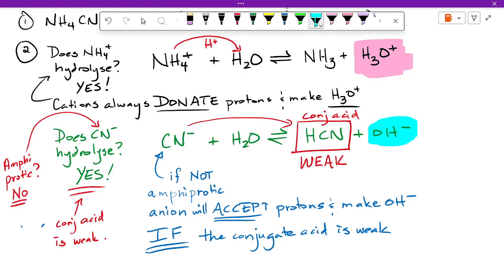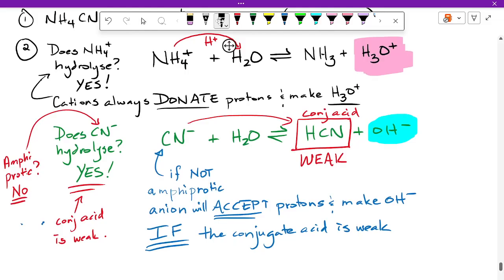You're going to have to compare the Ka and the Kb and decide which one happens more. Okay? So one of the ions makes H3O plus.